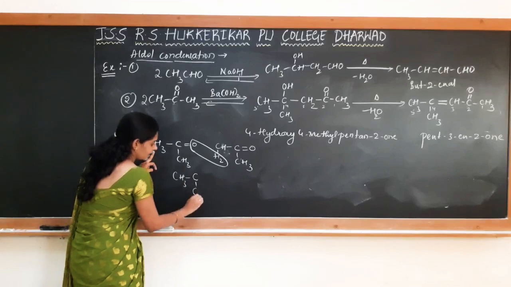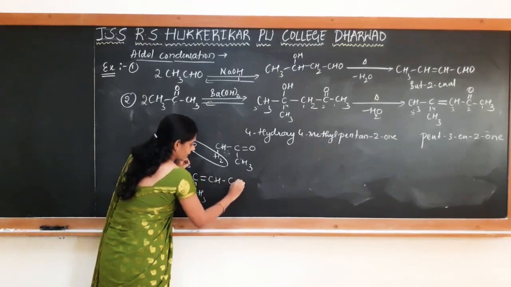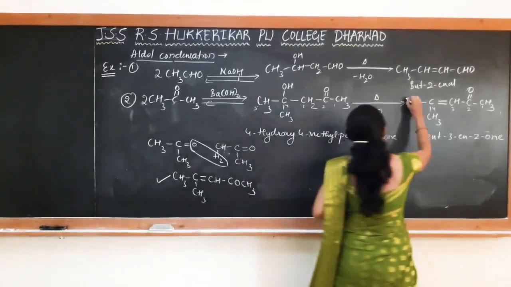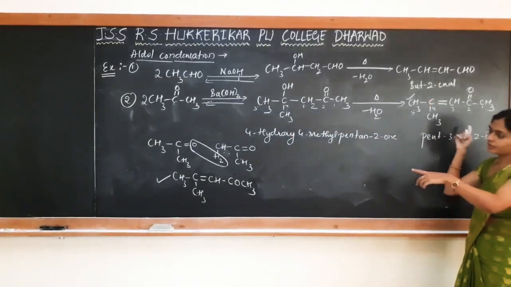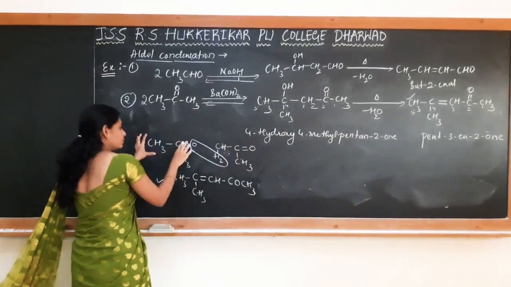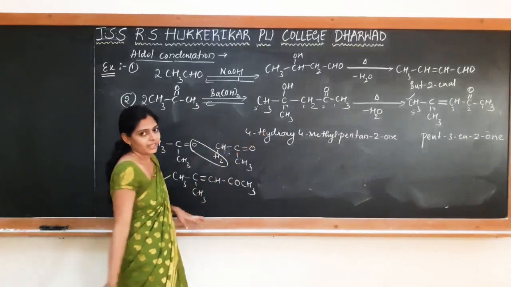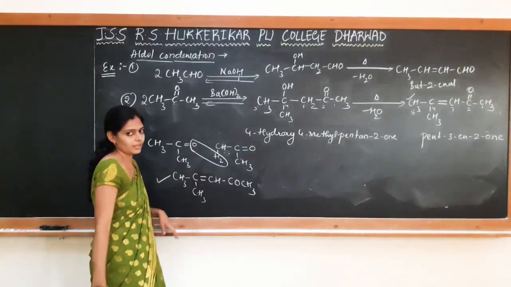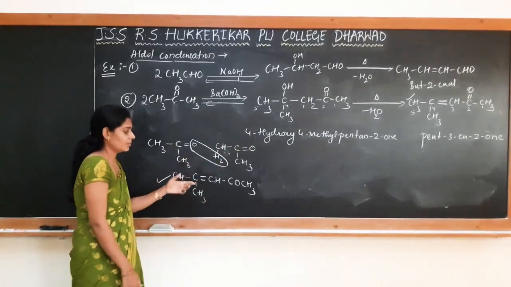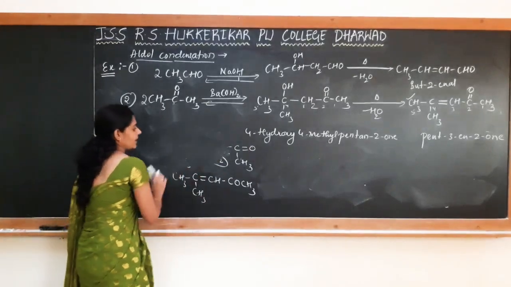See, CH3, C CH3, double bond, CH, CO, CH3. Correct? Check whether this and this are the same. Okay, so this is how you get an alpha beta unsaturated aldehyde or ketone. Just write two molecules, the same or different, remove H2O, and you will get your final product. Okay, just to remember it easily. Instead of writing the whole reaction mechanism, you can simply remember like this. Okay, so this is the second example.